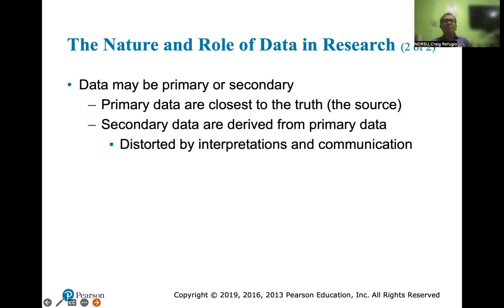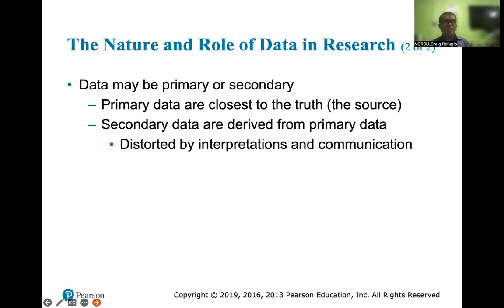So that's our assumption. We assume that the data that we have collected do not change over a specific period of time. Data may be primary or secondary, so you know that one. I will not go into the details of primary and secondary, but for a review, when we look at primary data, the data are collected directly from the participants. If I go to my participants directly, I interview them, I do observations from them directly, then the data are what we call primary.